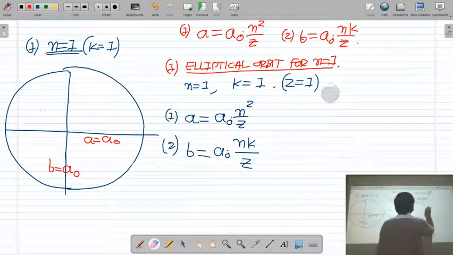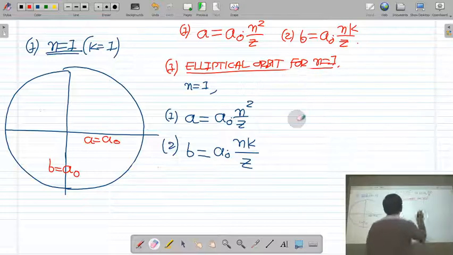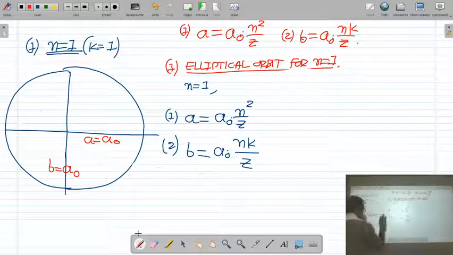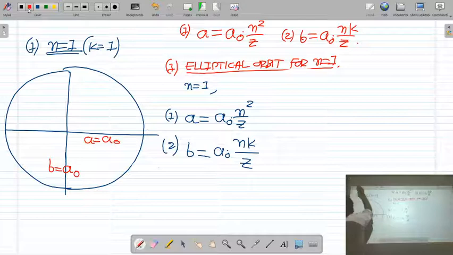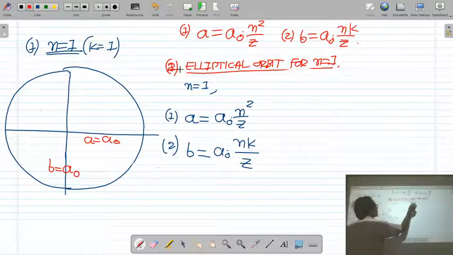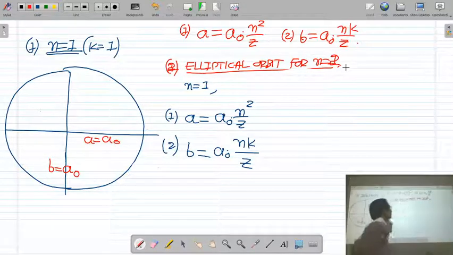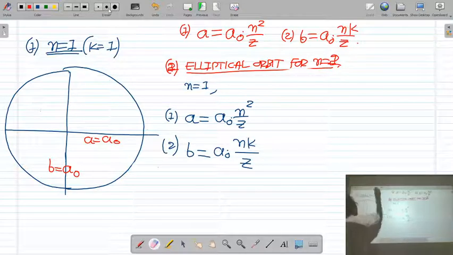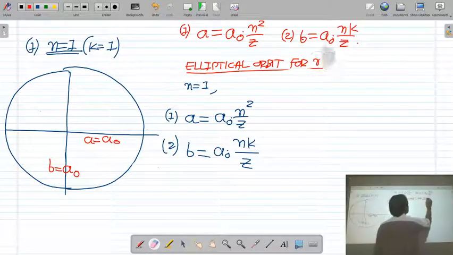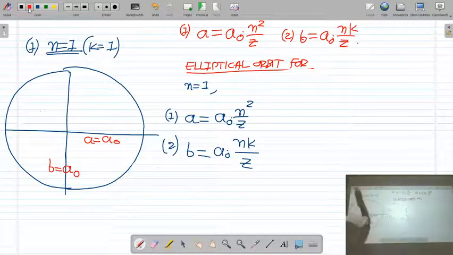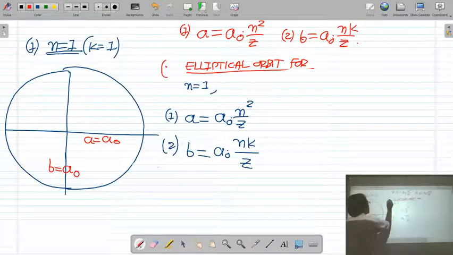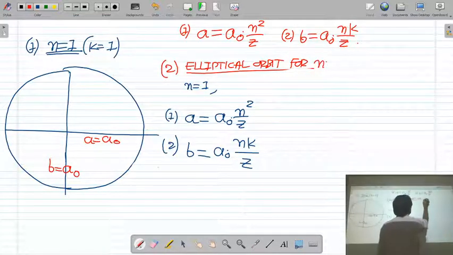Now, second, let us show the elliptical orbit for n equal to 2.